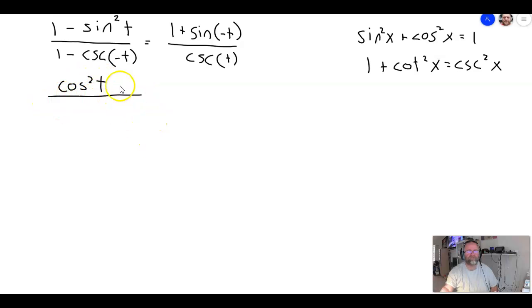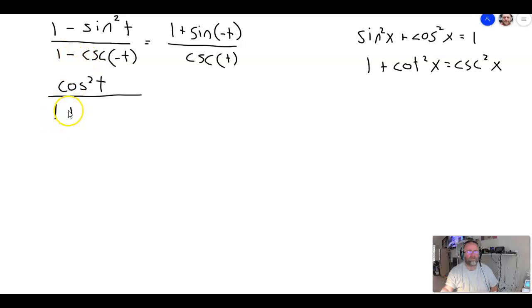And then on the bottom, we know that cosecant is related to sine, and sine is an odd function. So we can change the angle from negative to positive, but we have to multiply the front of it by a negative, which will change that to a positive.